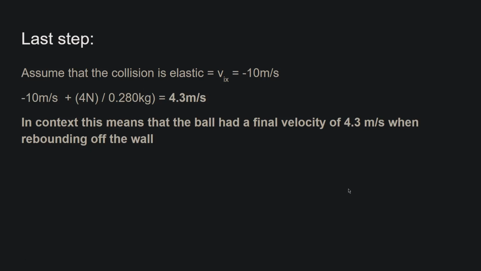So in context, that means that the final velocity of the ball when it rebounds would be 4.3 meters a second, meaning that the ball is now going in an opposite direction than when it was hitting the wall.